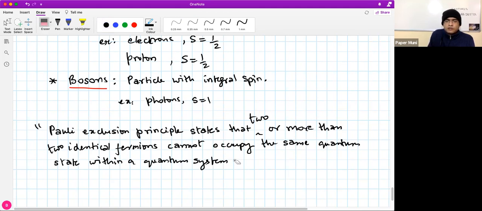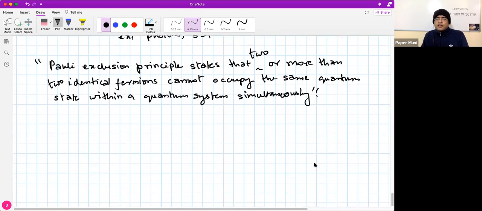All right. So basically, if there are identical fermions, then more than 2 cannot occupy the same energy eigenstate.